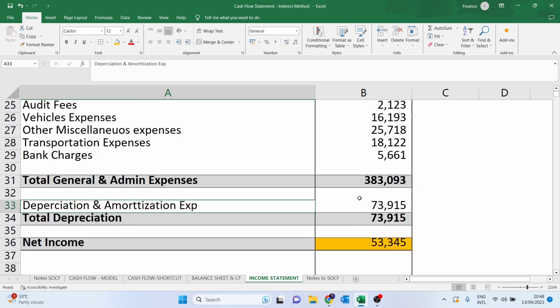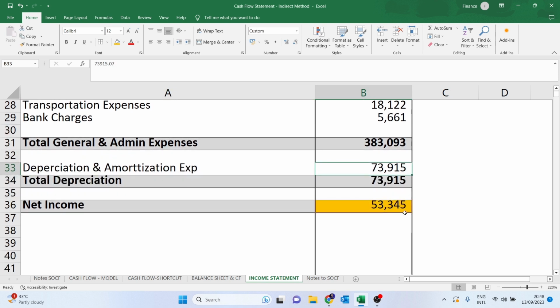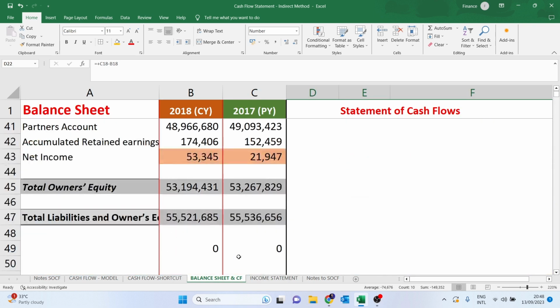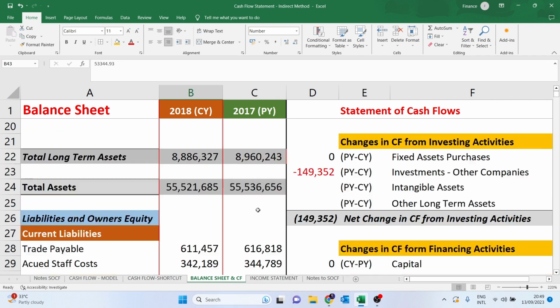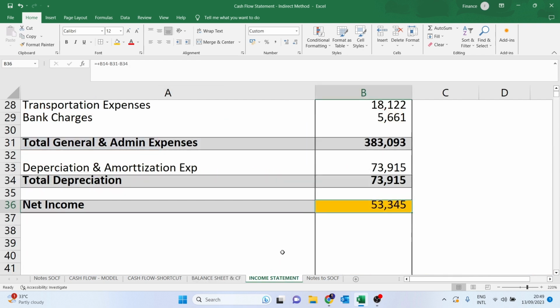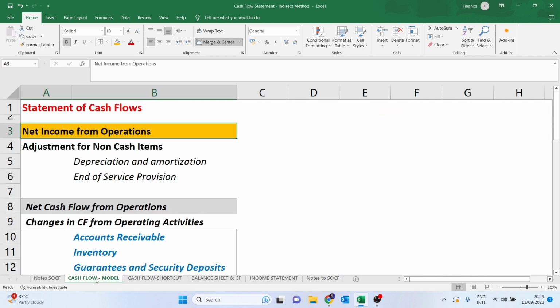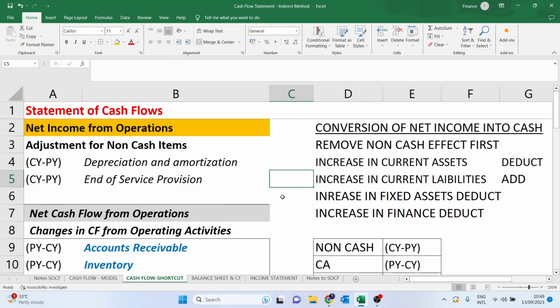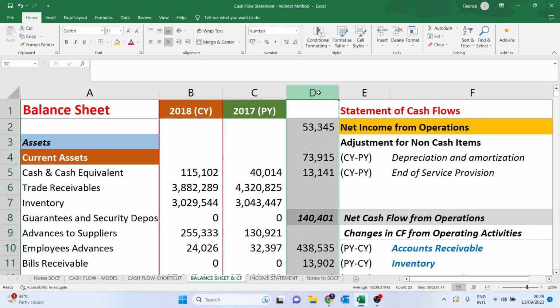And this is depreciation. Just check whether our net income is correct in the balance sheet, 53,345. You can see the same profit in 2018, 53,345. Okay. Now let us check whether this report we have prepared under a shortcut method.